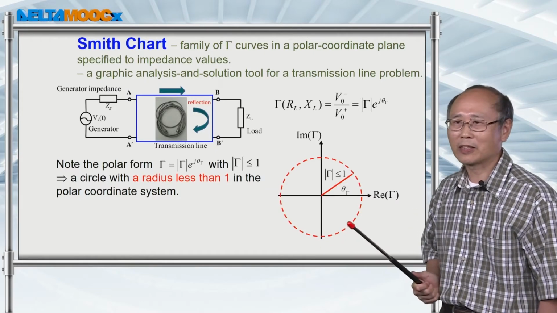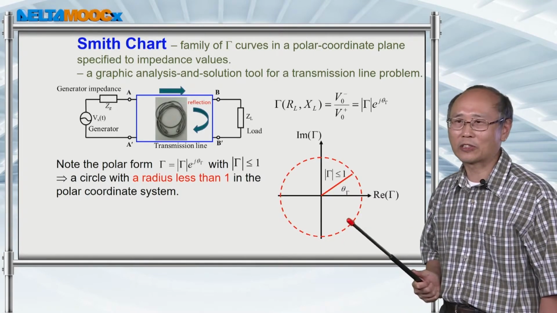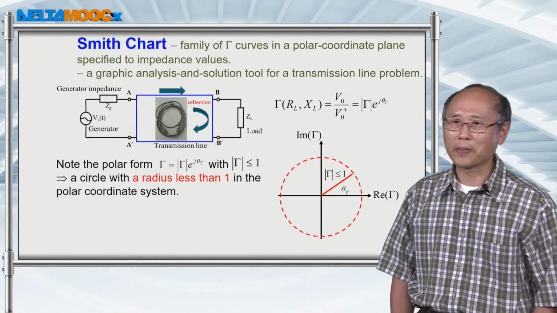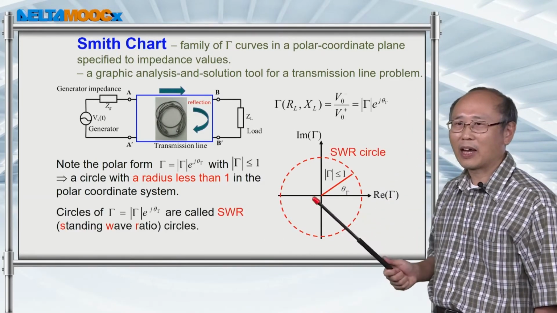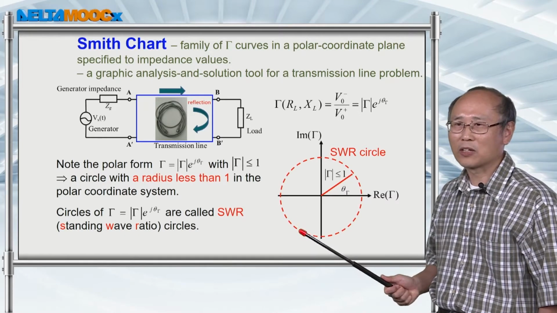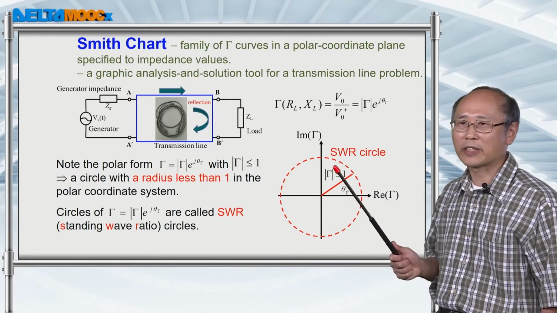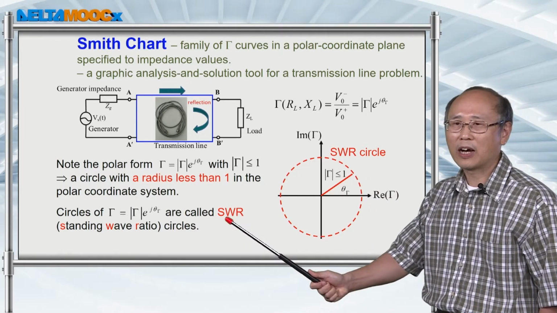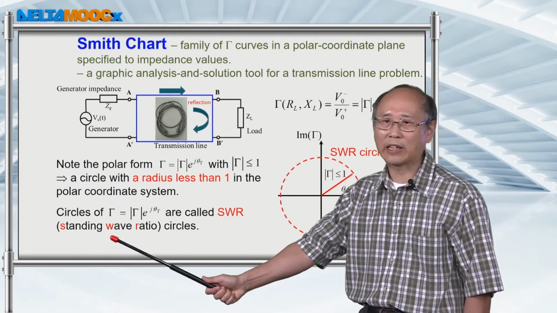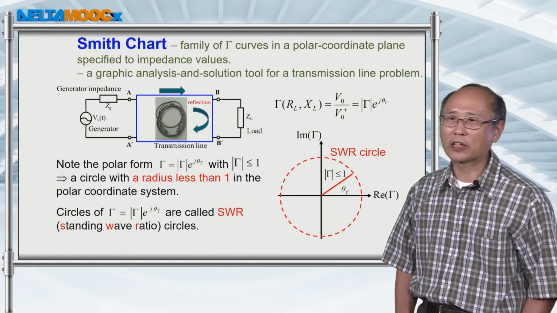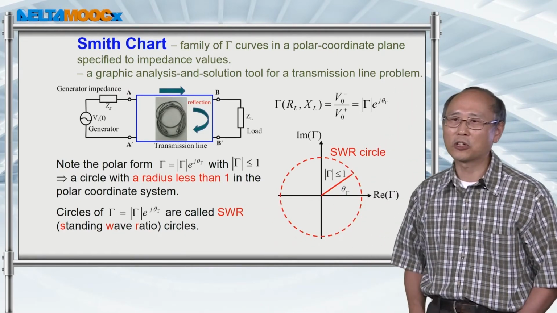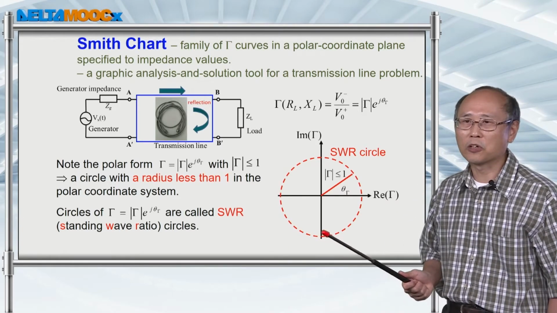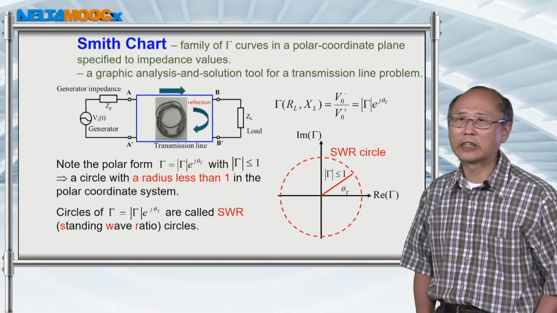So when you plot this circle on the polar coordinate system, the radius of the circle is always less than 1. There's a name associated with this circle. We call it the SWR circle, where SWR is short for standing wave ratio. This is just the name people call this circle. In the following, we're going to see this circle play quite an important role in the Smith chart.